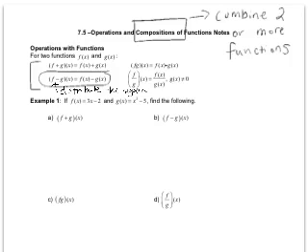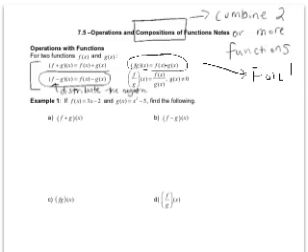The other two operations are multiplying and dividing. You can take your f function and multiply it times your g function. This is probably the other difficult task because it involves a lot of foiling or distribution, so you have to be careful, because you will have to FOIL all of f times all of g.